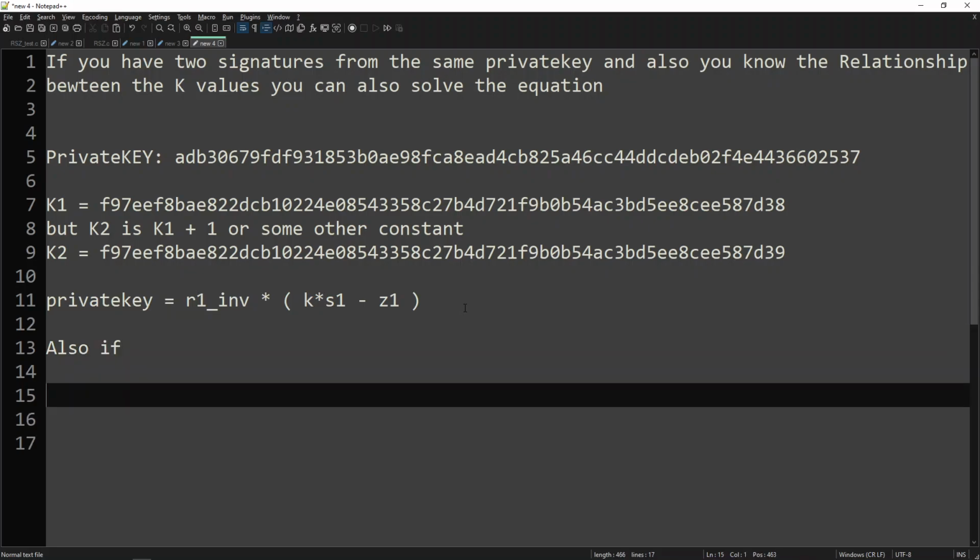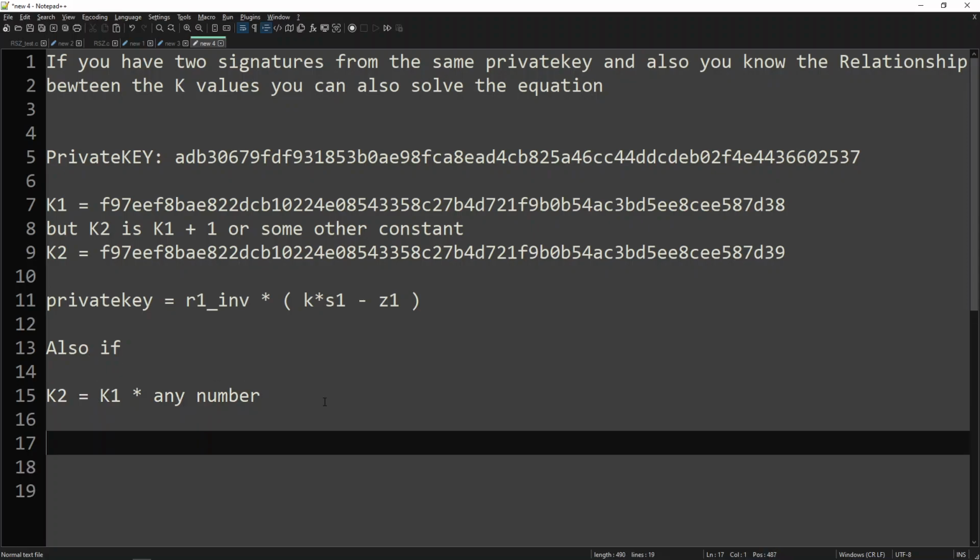Also, if K2 is equal to K1 multiplied by any number, if you manage to know that relationship, that equation is also solvable. Okay, guys.